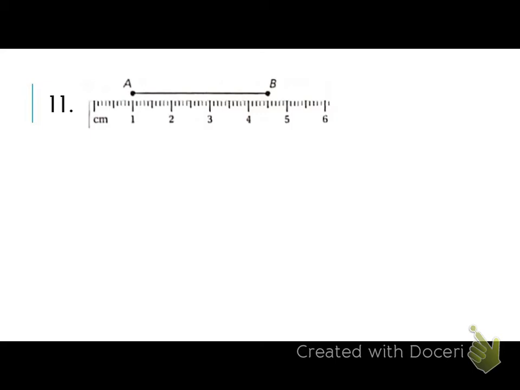But you have this question, and it is a segment that is already lined up on a ruler. All right, so when you measure in centimeters, how many dashes is it from 1 centimeter to the next centimeter? There's 10 of them.